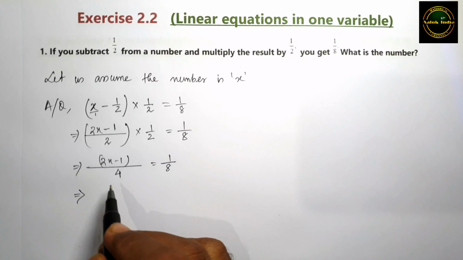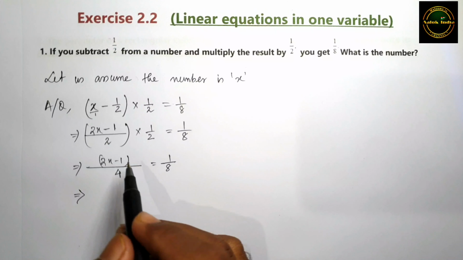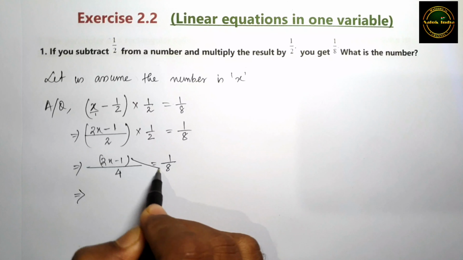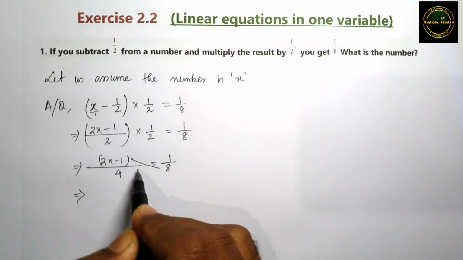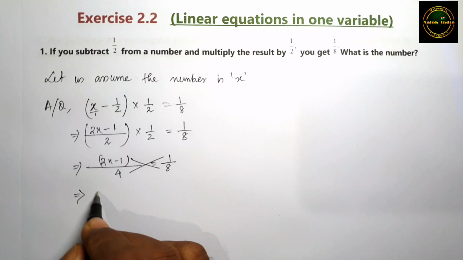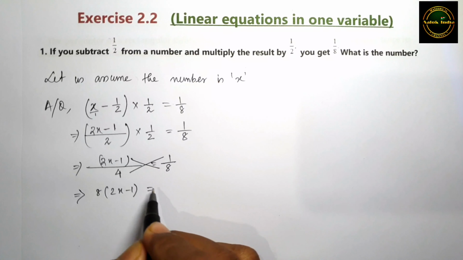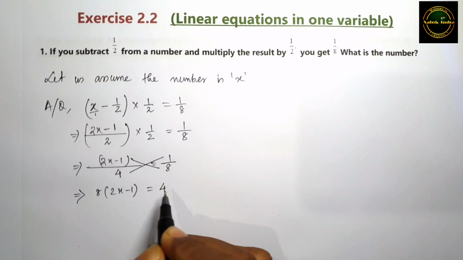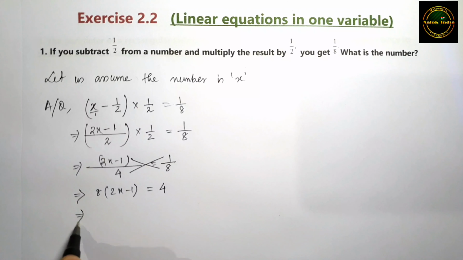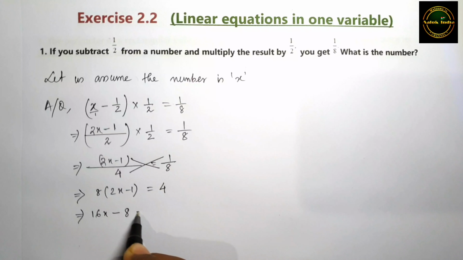Now in this line we'll do the cross multiplication, that is numerator into denominator and denominator into numerator. Now 2x minus 1 into 8, that is we can write 8 into 2x minus 1 is equal to 1 into 4 is 4. 8 into 2x is 16x, minus 8 into 1 is 8, is equal to 4.